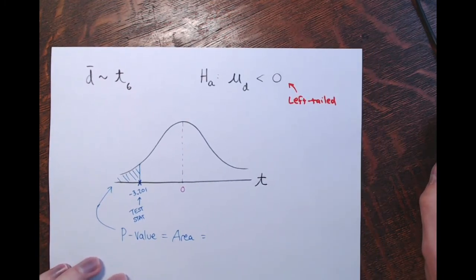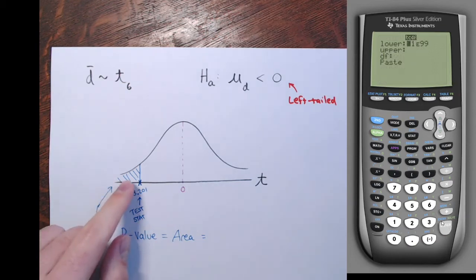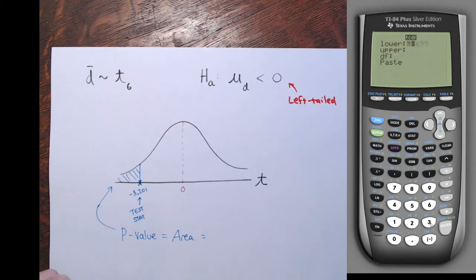Remember, this is a t distribution. So I go to the distributions menu, second, and then above the variables button, distributions, and we're finding the area under a t distribution. So I go down to tcdf. This area to the left here, there is no lower boundary, so I'll just put in some big negative number.